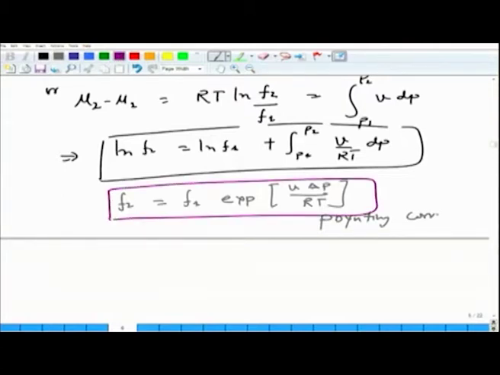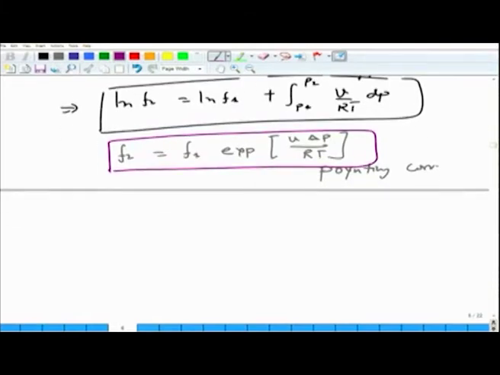So, in other words, I should be able to calculate the fugacity, at least the ratio of the fugacity, from the known value of the molar property and the changes in the pressure for a given temperature, for any system.